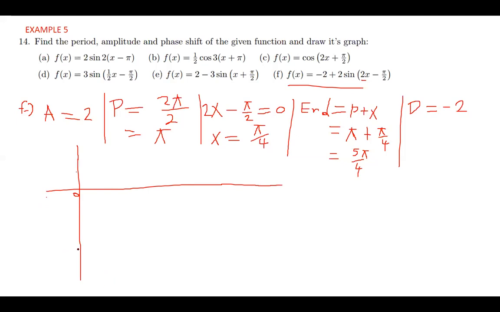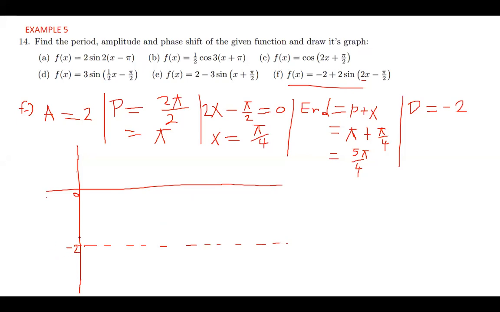So I'm going to draw my -2 there. After drawing my shift, the amplitude is 2, so I'll add 2 to -2.